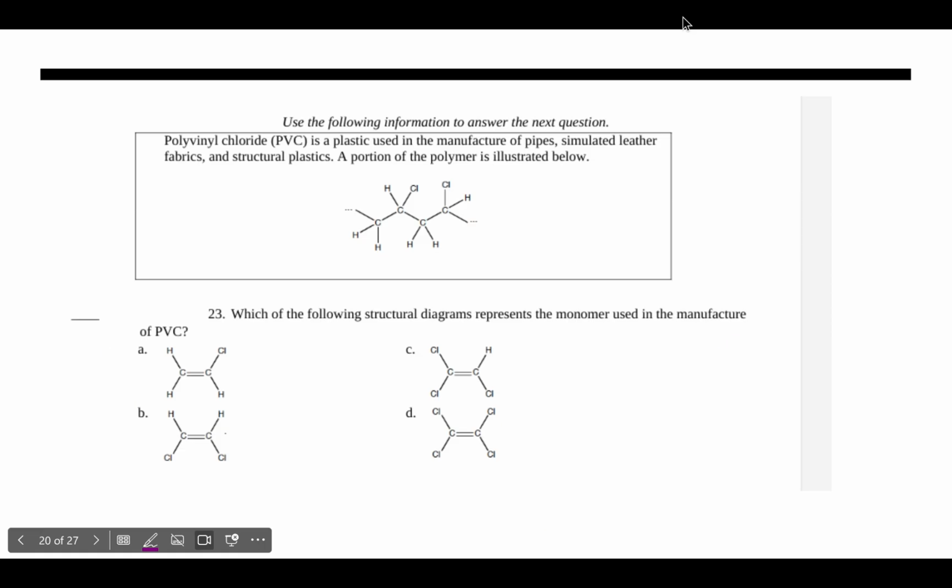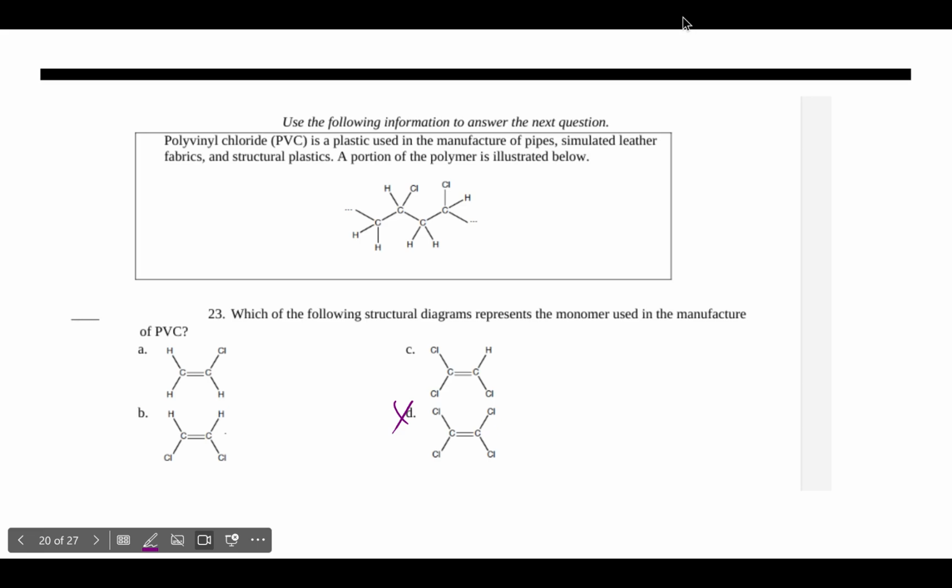Okay, moving on from here. Another one with a polymer, asking which monomer was used to make this. Again, we're not seeing water, so it has to be a series of addition reactions. So you need a double bond, and they're all very similar, but it's not going to be D because you need to see hydrogens.